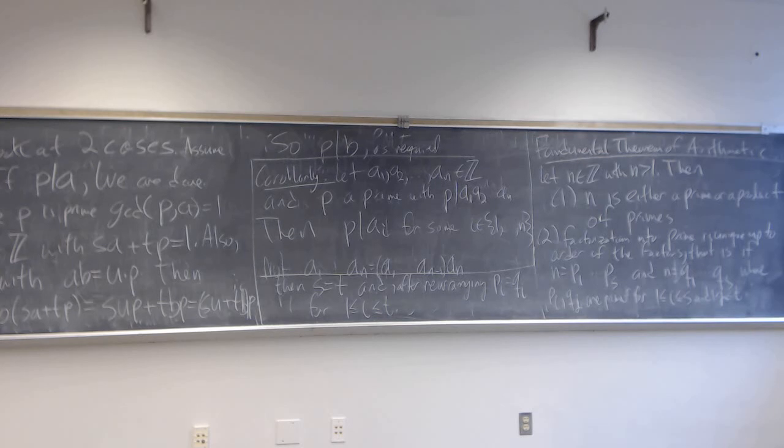Well, let's call this p1 to the d1 up to ps to the ds. And just so it's consistent with what I wrote in the notes, let's label these subscripts d1, d2, ds, where di is going to be the minimum of each common prime factor, the minimum of ai, bi, the exponents.